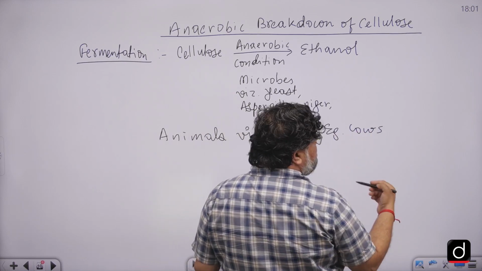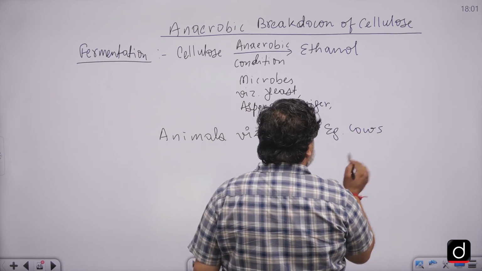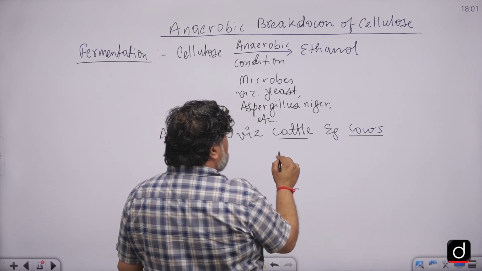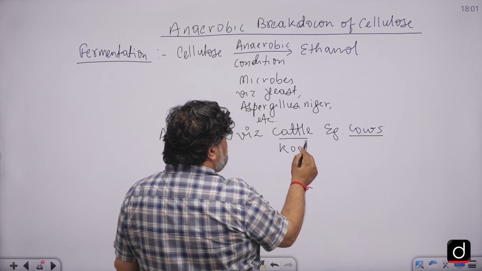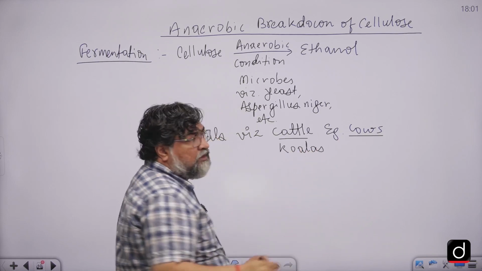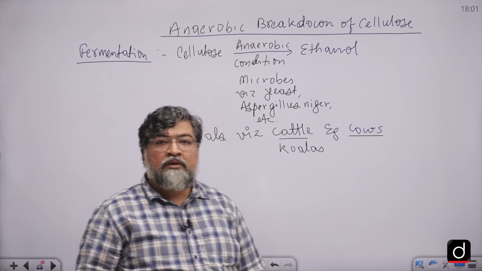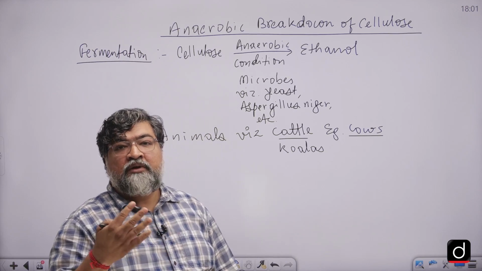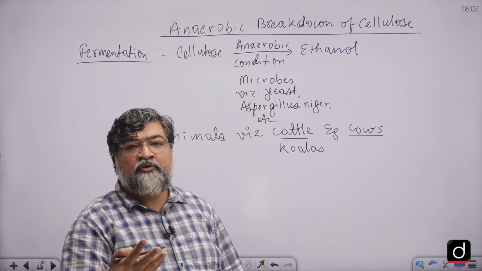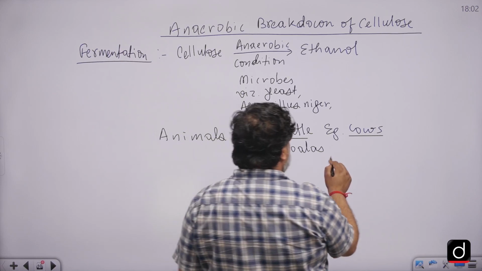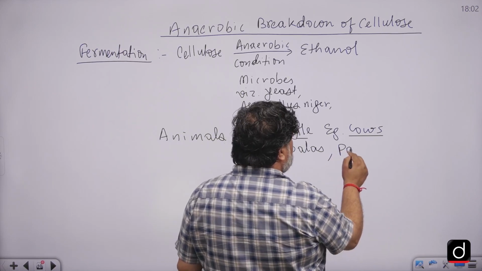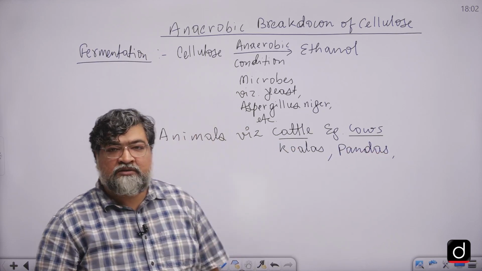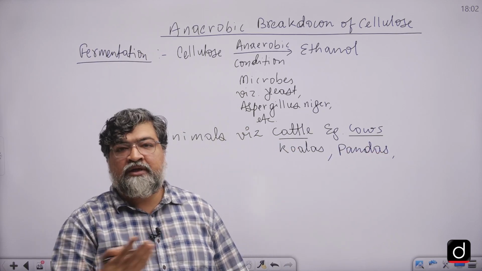You can also take other examples, not only cattle like cows, even koalas. You have heard about the Australian bushfire where many of the koalas died. They feed on this kind of grass or are herbivores. Then another one, pandas in China. We have the red panda in India.